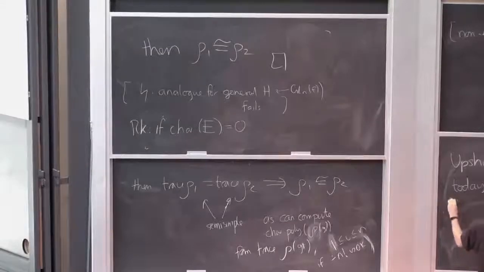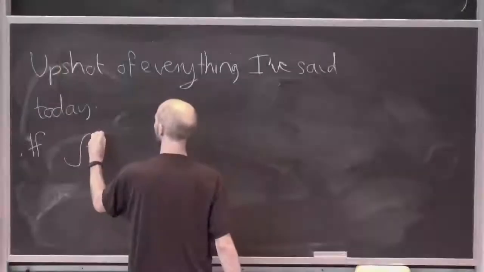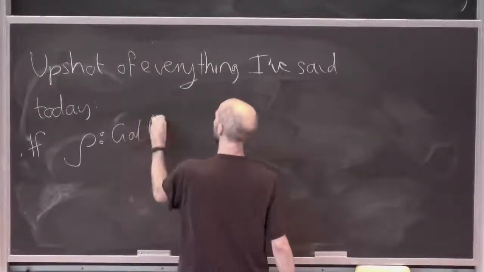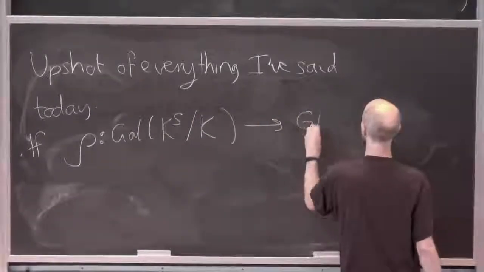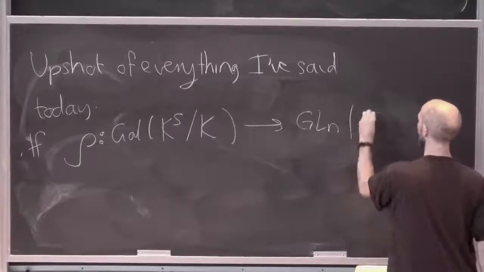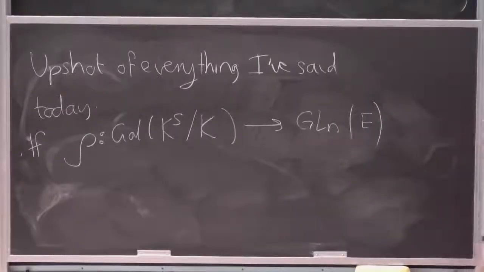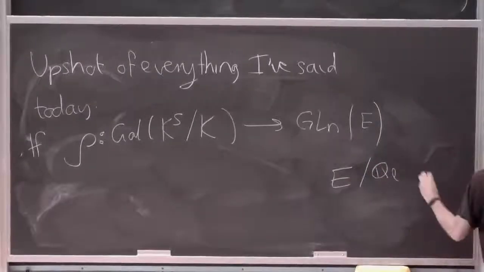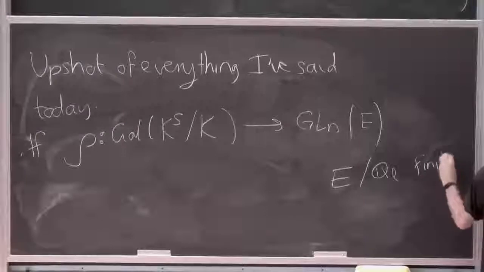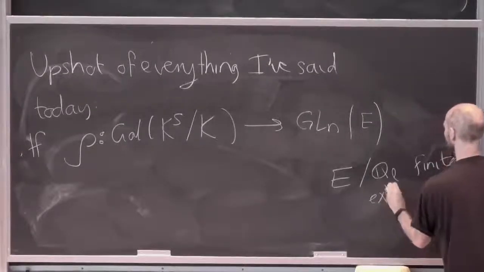I've got some l-adic representation, rho from Gal(k^s/k) to GL_n(E), where, if these are representations of global Galois groups, then probably E is some finite extension of Q_l.